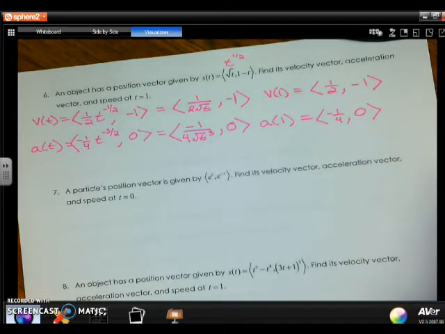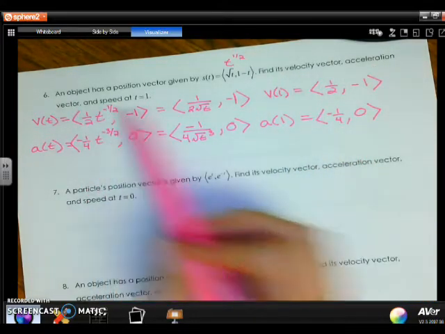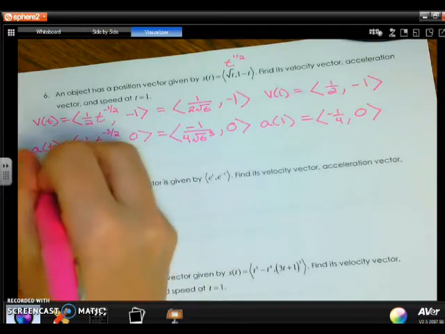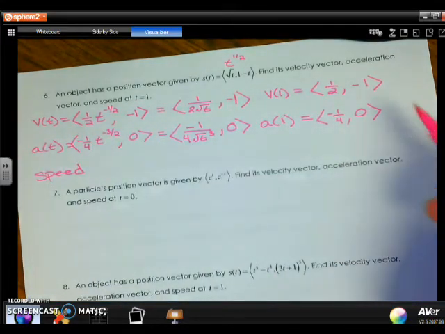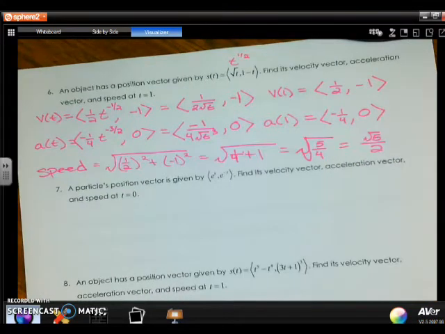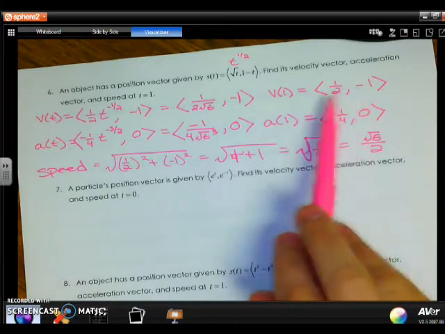All right. So find the velocity vector, acceleration, oh, and speed. I almost forgot the speed. So remember, speed is a scalar, right? So speed is the magnitude of the velocity. So speed's going to be the square root of the sum of each part of this squared.